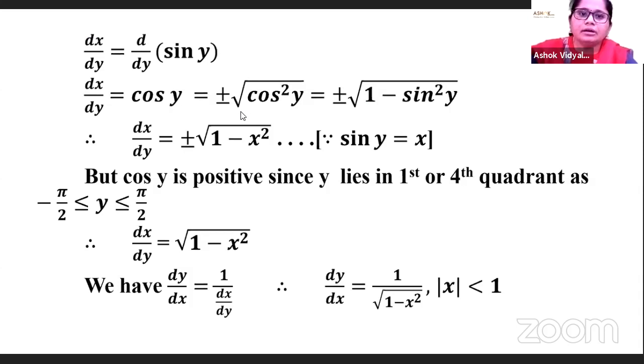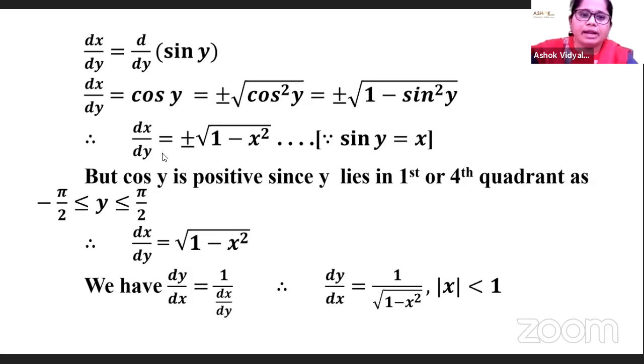Hence cos y is under root cos square y, taking both the addition and subtraction sign. Therefore, cos square y is under root 1 minus sine square y, and sine square y is x square, so we put in the value of sine square y.